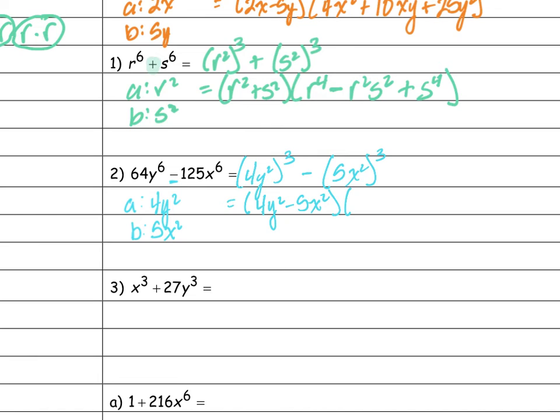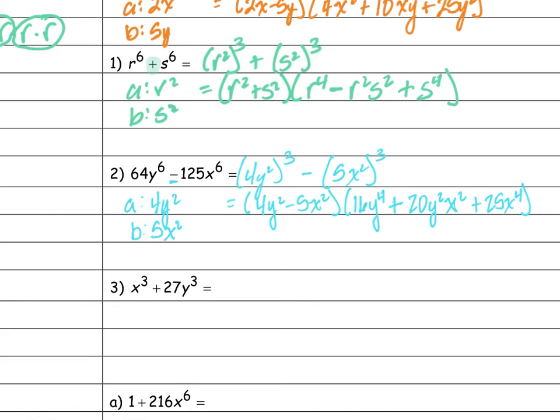So A squared would be 16y to the 4th plus A times B. A times B would be 20y squared x squared. And then B squared would be 25x to the 4th. Okay?